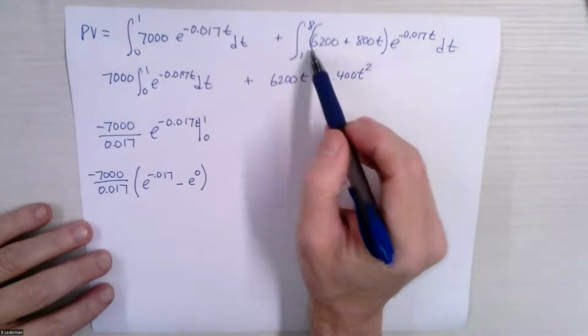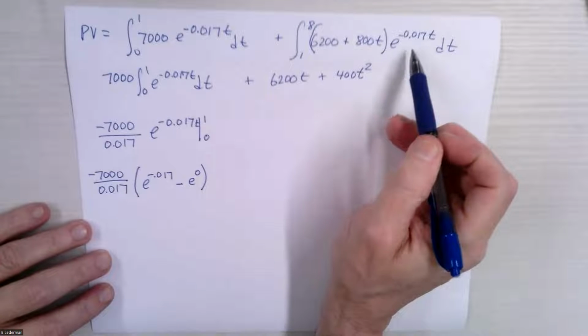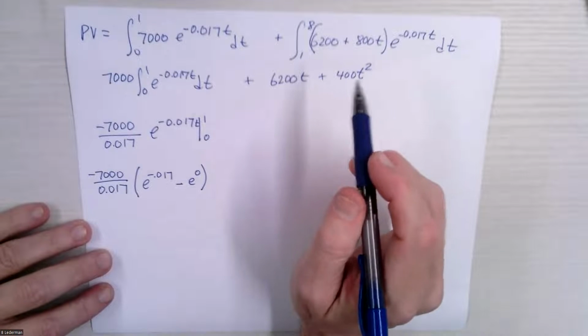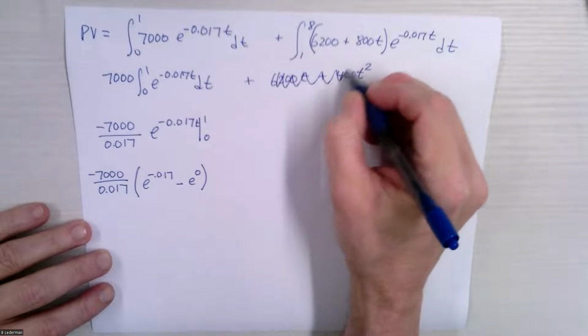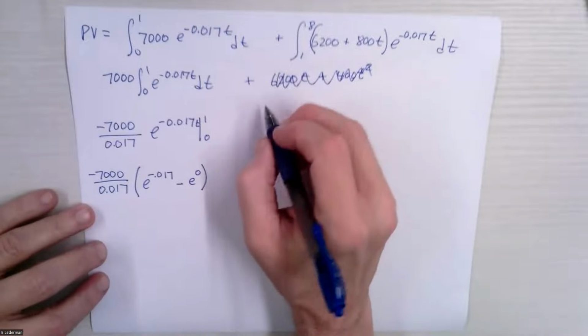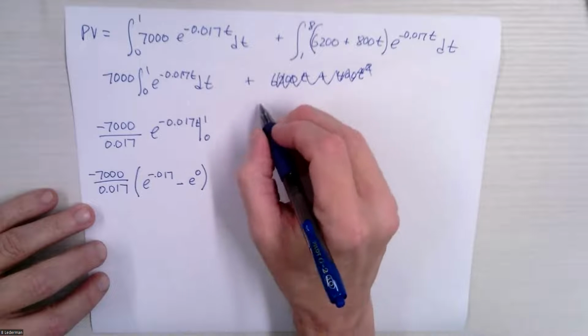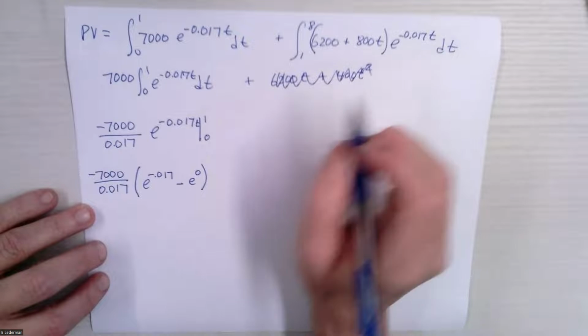Sorry, everybody. I was looking at the 6,200 and I didn't even notice that. This changes everything drastically, because this is going to become integration by parts. I'm going to break this up into two integrals.